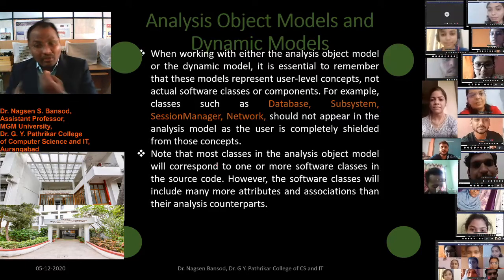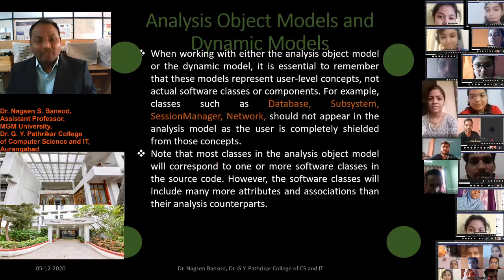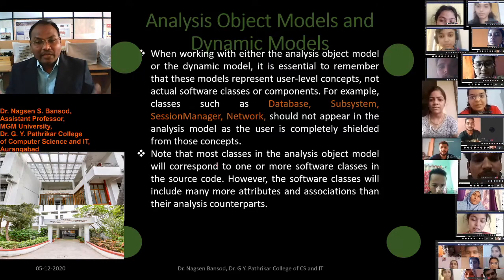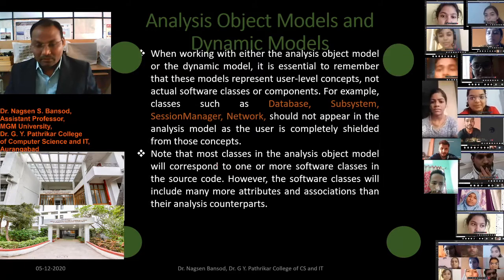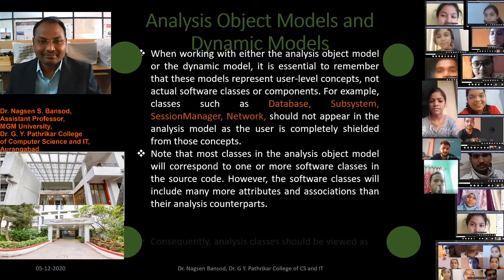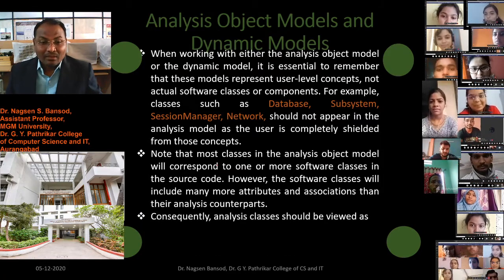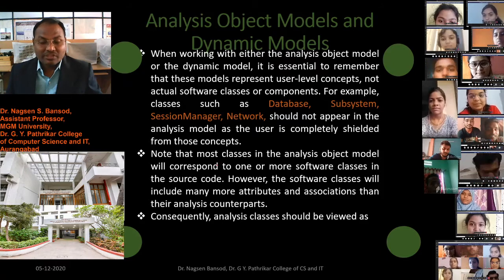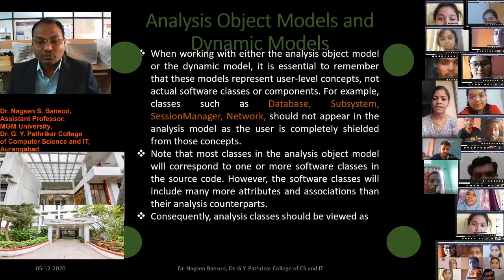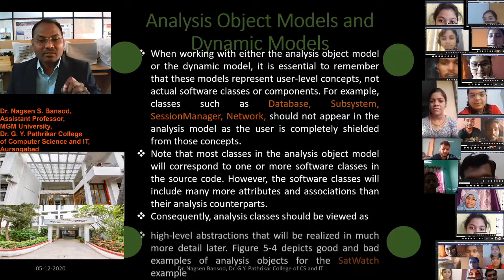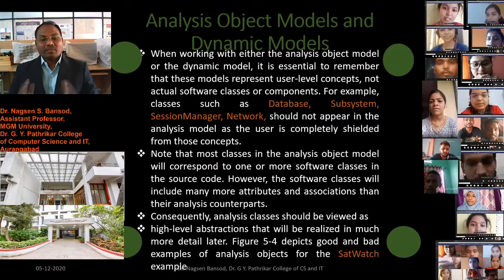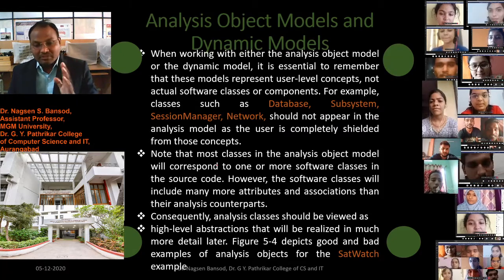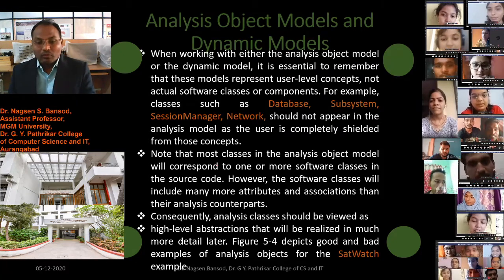It can be possible, and they include many more attributes and associations than their analysis counterpart. Consequently, analysis classes should be viewed as high level abstractions that will be realized in much more detail. We will see this in figure 4.4.